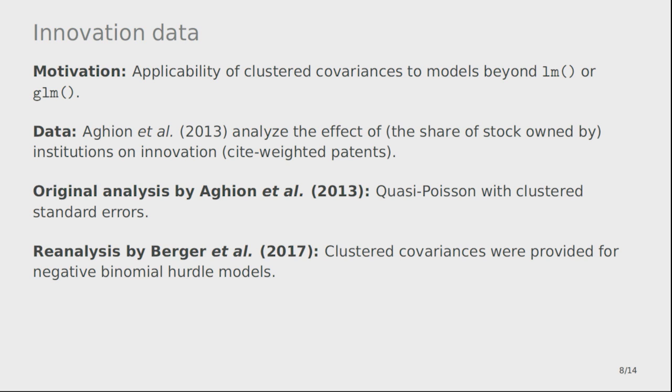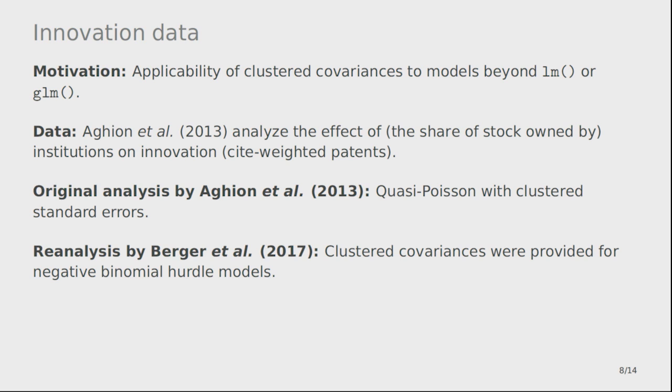Institutional owners are, for example, pension funds or insurance companies. And to capture the differing value of patents, citation-weighted patent counts are used as a proxy for innovation. And this, of course, motivates the use of count data models. In their original analysis, the authors mostly employed a quasi-Poisson approach along with clustered standard errors.